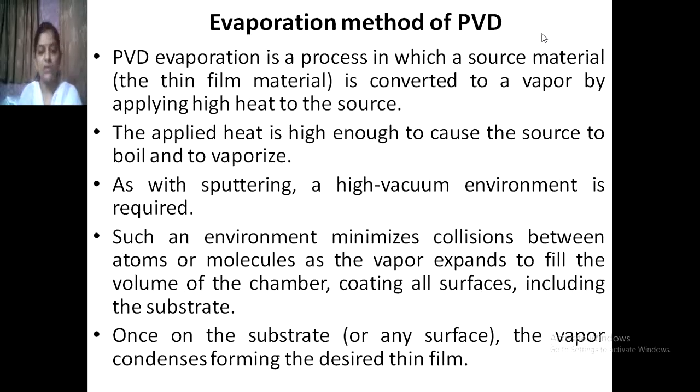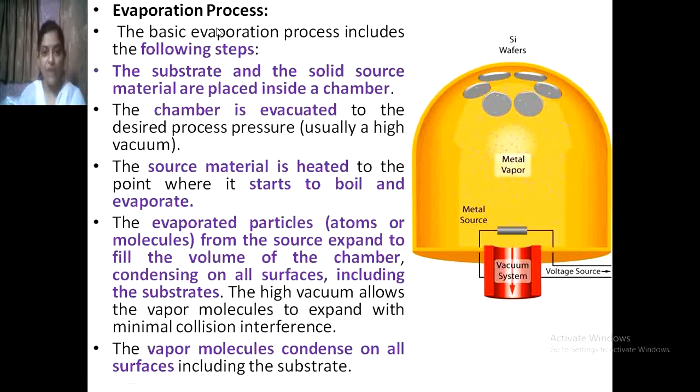Once on the substrate or any surface, the vapor condenses, forming the desired thin film. Then the evaporation process. See this: silicon vapor, vacuum system, metal source, metal vapors, and voltage source.